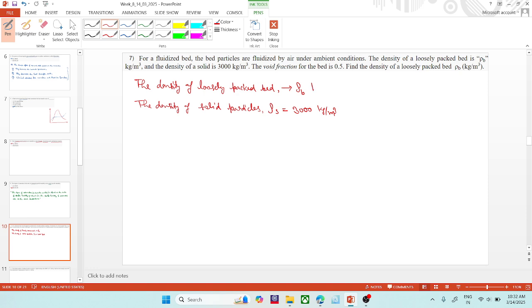The density rho b is also in kg per meter cube. Then the void fraction alpha is equal to 0.5, then we have to find out the density of loosely packed bed. Rho b is equal to what?